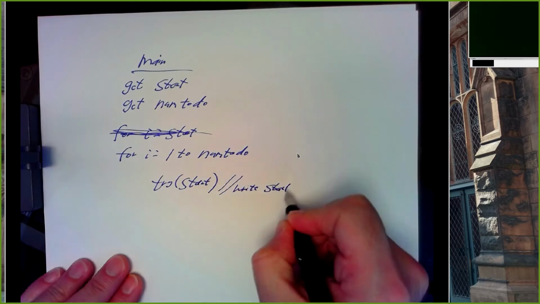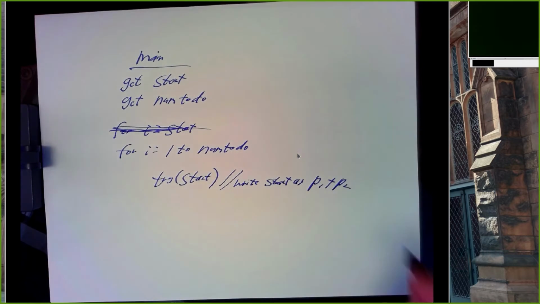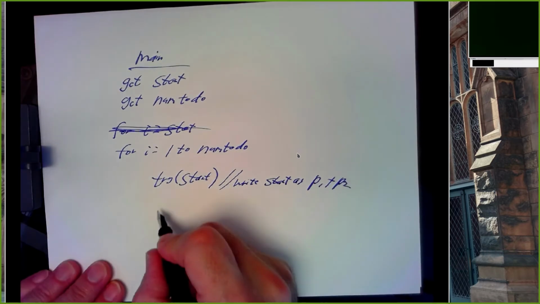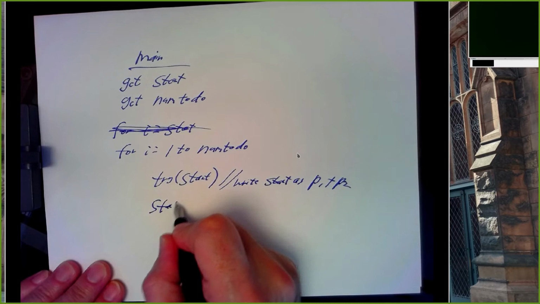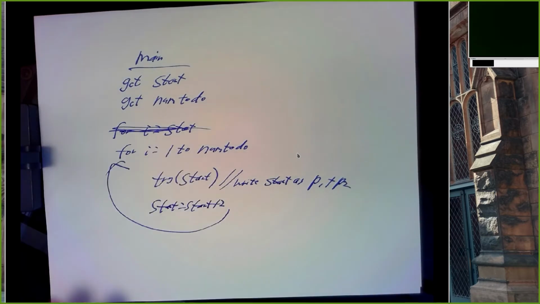Call a function that'll write this number out as a sum of two primes. Go on to the next even number, go back up to the top of your loop. That's your whole main program.